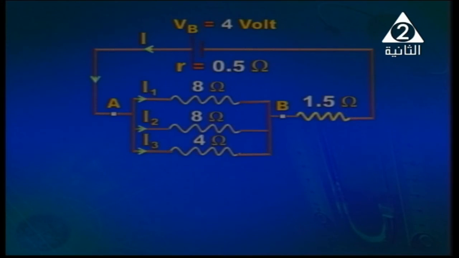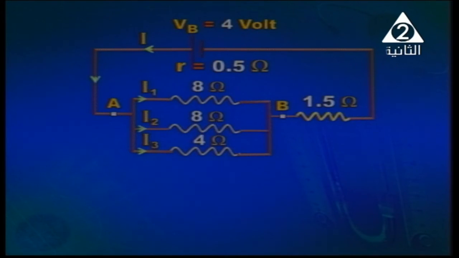Another problem, we've got a circuit shown in front of you. V battery here is equal to 4 volts. R internal is 0.5 ohm. We've got a parallel combination which consists of 3 resistors: an 8 ohm resistor, another 8 ohm resistor, and a 4 ohm resistor.